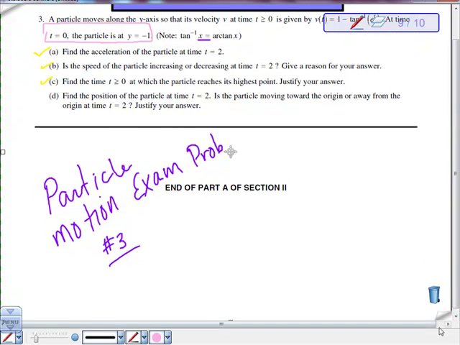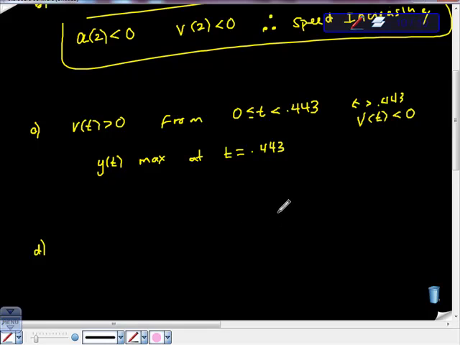So what we want to know is this. They want to know, where are you at time t equals 2? So where you are is position. Where you are when time is 2 is equal to -1, that's the start point, right? Plus the definite integral from 0 to 2 of v of t dt.